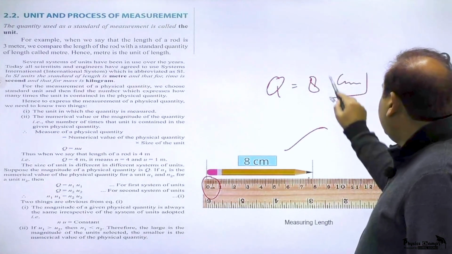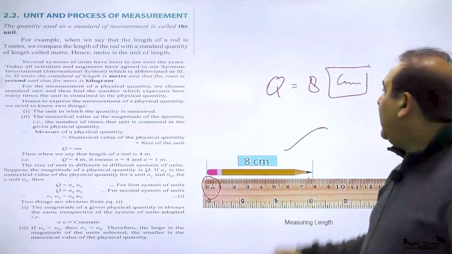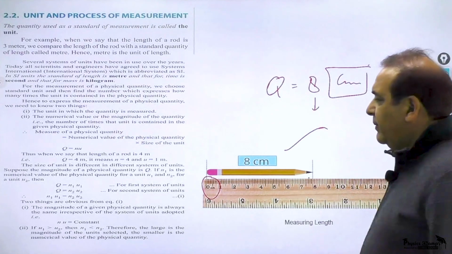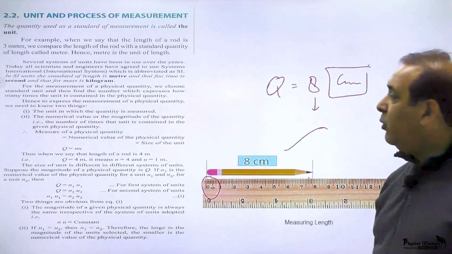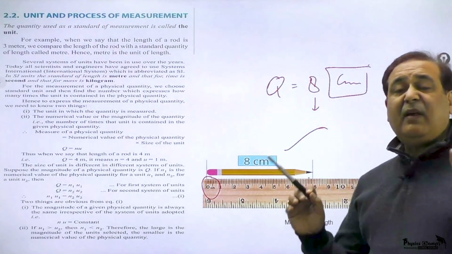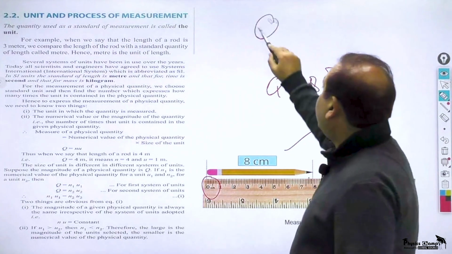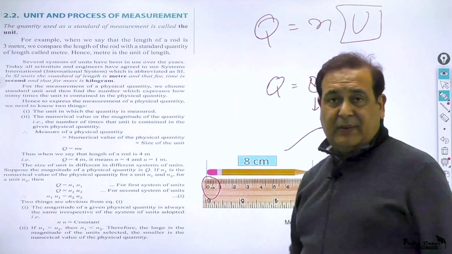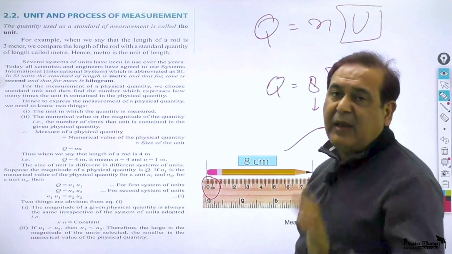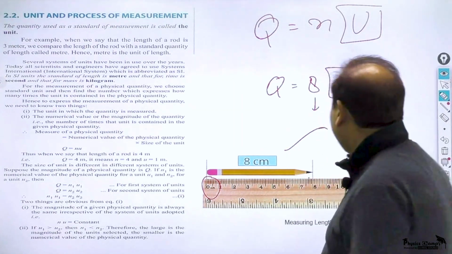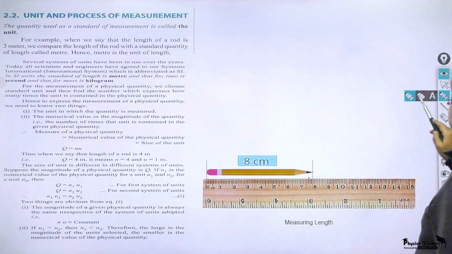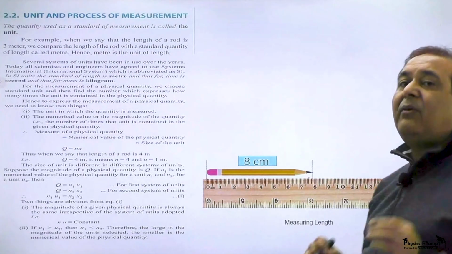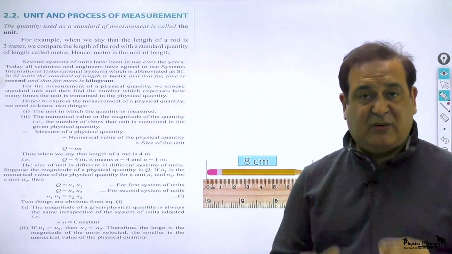The unit is 1 centimeter and the numeric value is 8. I hope you have understood. The basic formula for measurement of a physical quantity is N into U. You have to choose a standard unit and then see how many times that unit is repeated.